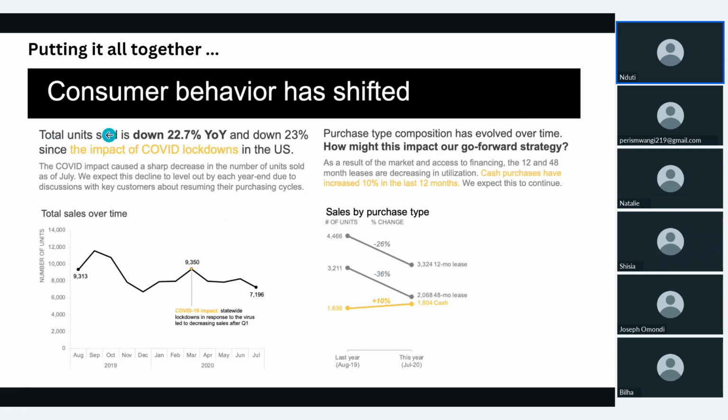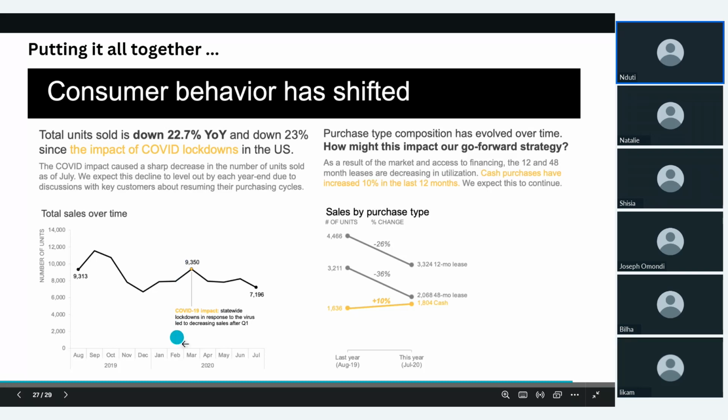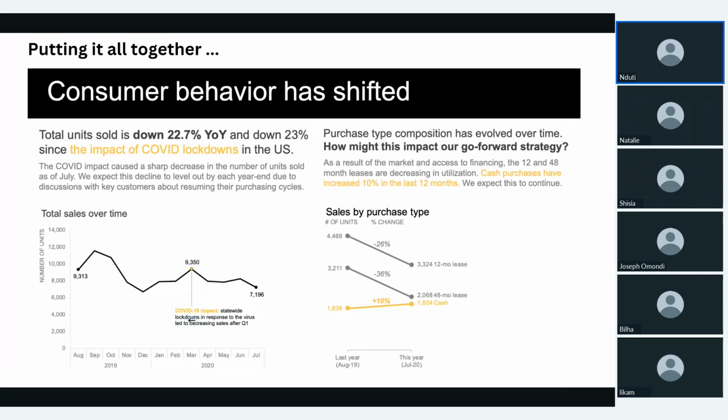And I'm saying total units sold are down 22.7% year on year, down 23% since the impact of COVID-19 lockdowns. This was information that we had lost. Someone pointed it out, and we have incorporated it back in the form of an annotation. And purchase type composition has evolved, meaning for 12-month lists, the sales are going down, and for 48-month lists, they are going down.